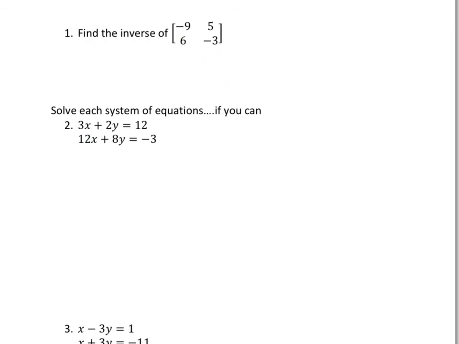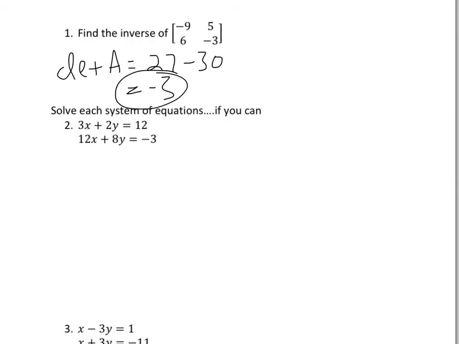All right, find the inverse of just this matrix first. Remember, first you have to find the determinant of it. The way to find the determinant is to do the cross multiplication and subtraction. So we have 27 minus 30 equals -3. Since it's not 0, we do have an inverse.